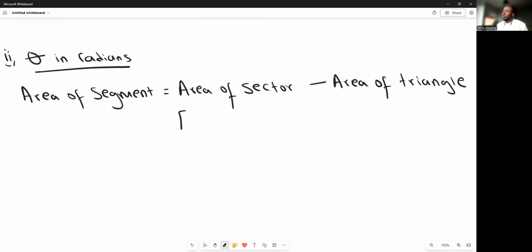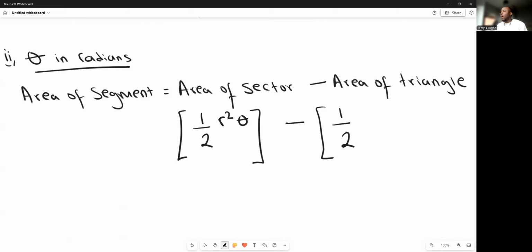I told you the area of sector when it's in radians is what? 1 over 2 r squared theta. Are you seeing it? And the area of the triangle is the same formula, 1 over 2 r squared sine theta.